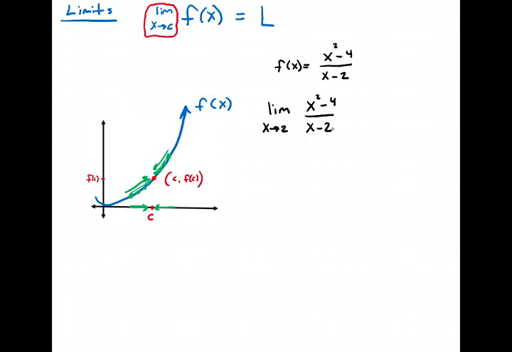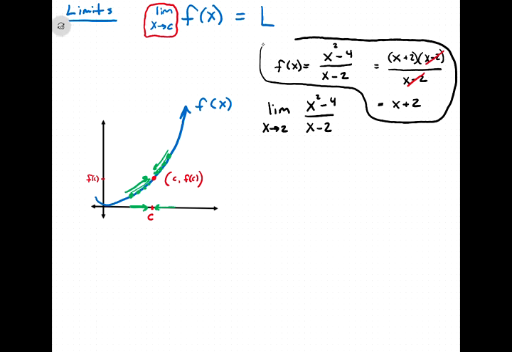Now, if we were to graph this function f of x, what does it look like? It's not as complicated as it looks, because if we factor this difference of squares, x squared minus 4, we have x plus 2 times x minus 2. Then on the bottom, we have an x minus 2. So it looks like the x minus 2's cancel, and we're left with just x plus 2.